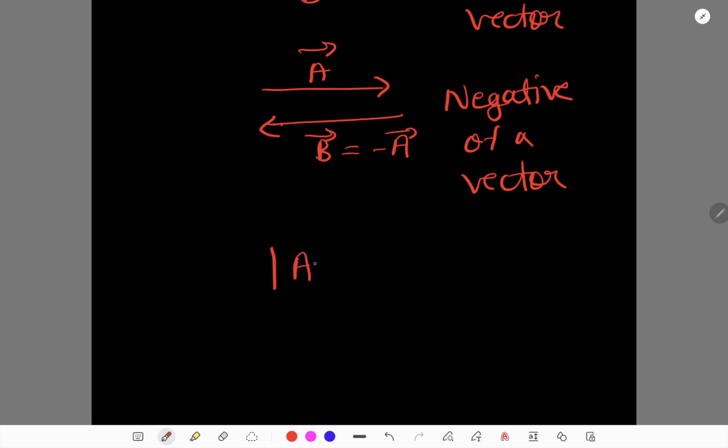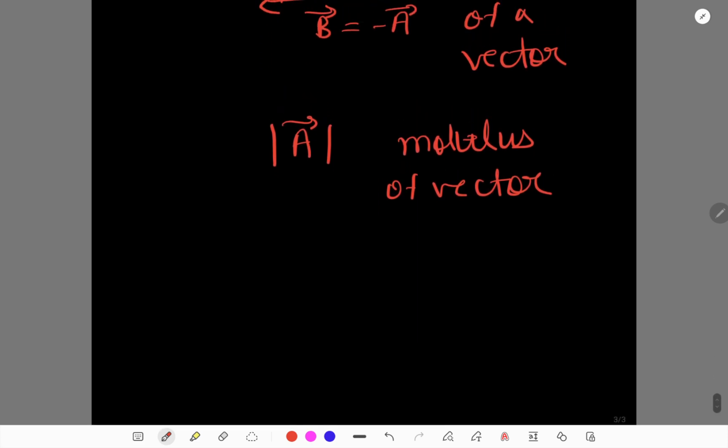If we take a modulus of a vector, this is called the modulus of a vector. Unit vector. A unit vector is a vector of unit magnitude drawn in the direction of a given vector.